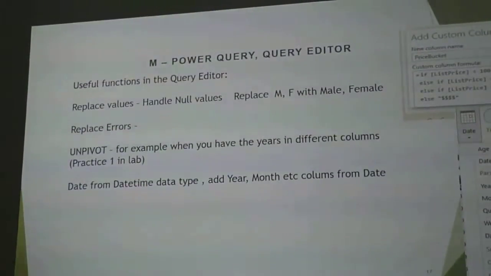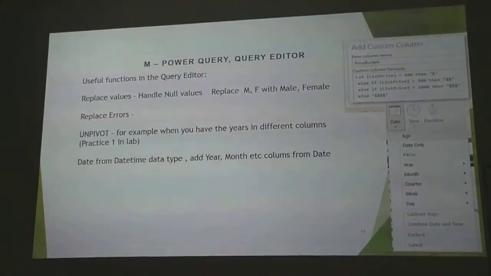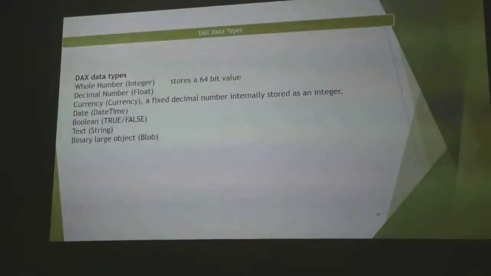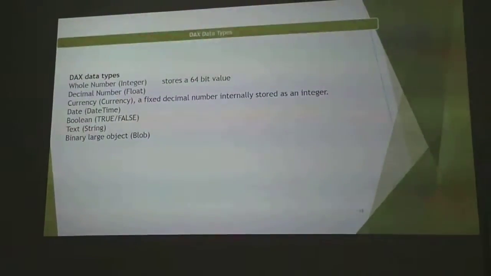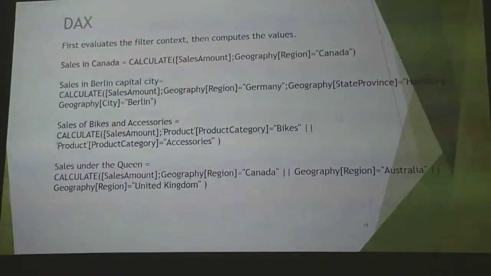So Power BI is using different languages, SQL and DAX. DAX has different data types, so when you are using Python, you should handle them or transform them. Some DAX code.